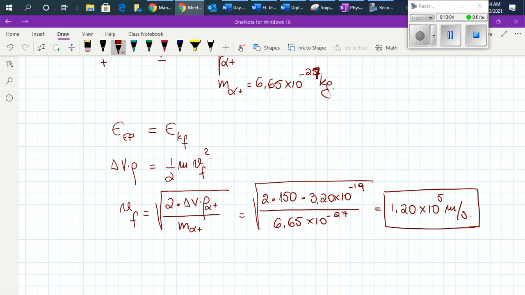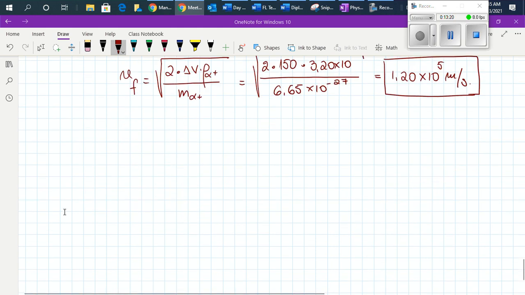So again, when we are working with the energy on the part where the particle is moving collinear with the electric field, then it's easier than working using kinematics.